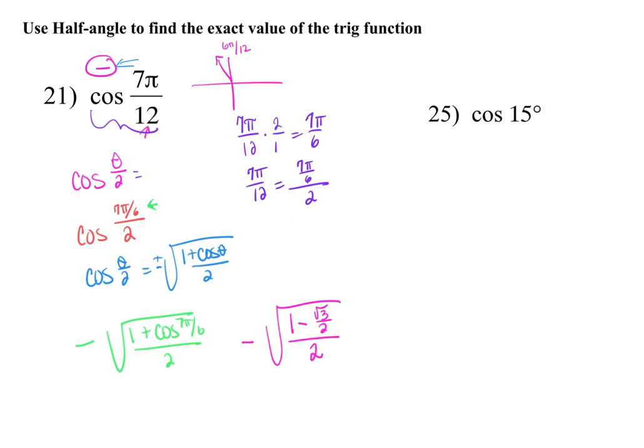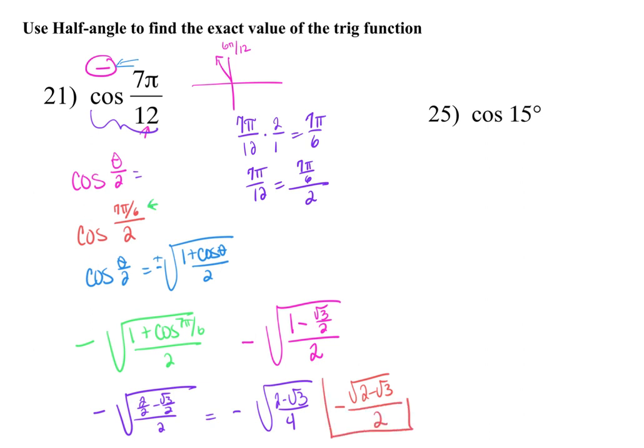We're going to simplify this. Get a common denominator, 2 over 2 minus the square root of 3 over 2, all over 2. That simplifies to 2 minus the square root of 3 over 4. Obviously, the top does not have a perfect root. The bottom does. So we are finished.